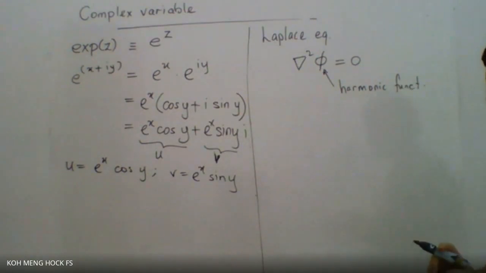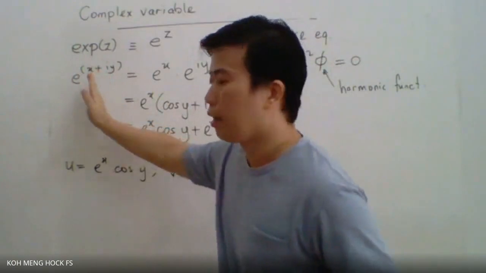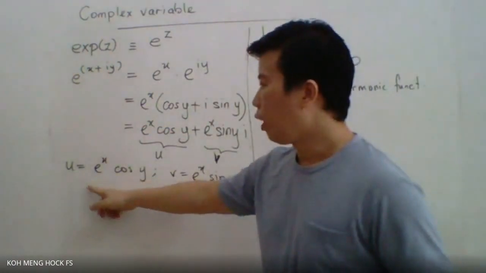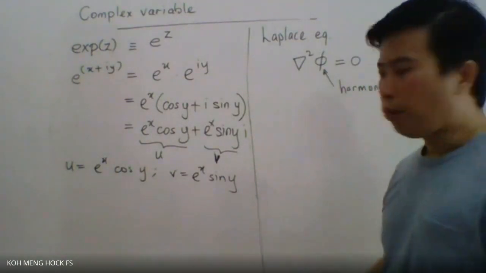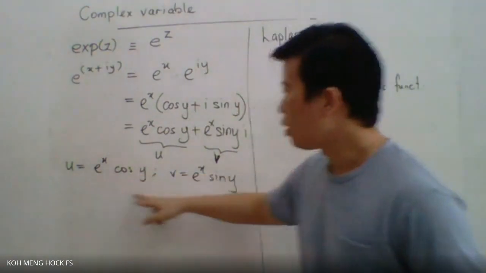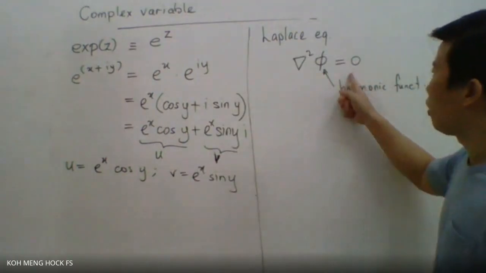In theorem number 4, it says that if a function of a complex number is analytic in a region, then u and v fulfill the Cauchy-Riemann conditions, and in this case u and v also fulfill the Laplace equation in that region.